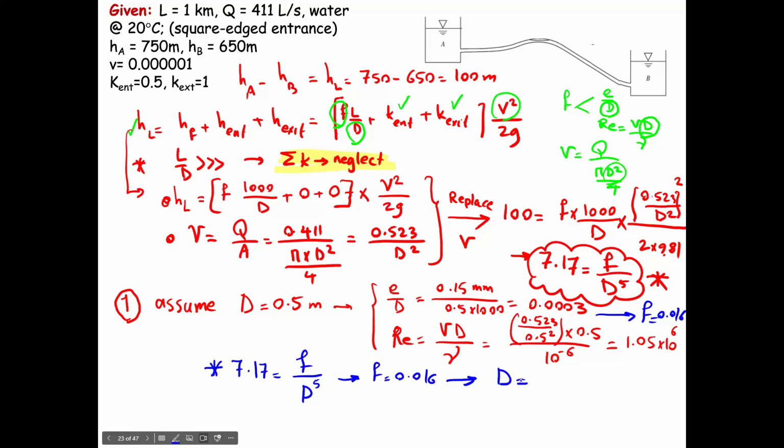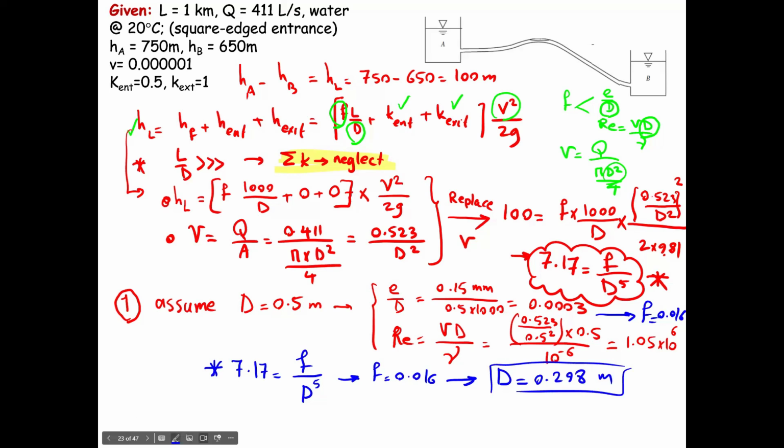Diameter is 0.298, which is 0.3. That's correct. So the one that I assumed is not the one that I ended up with.